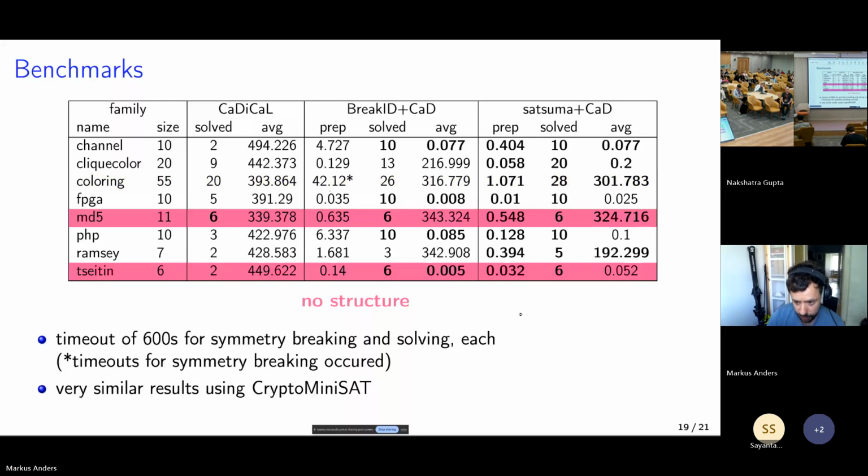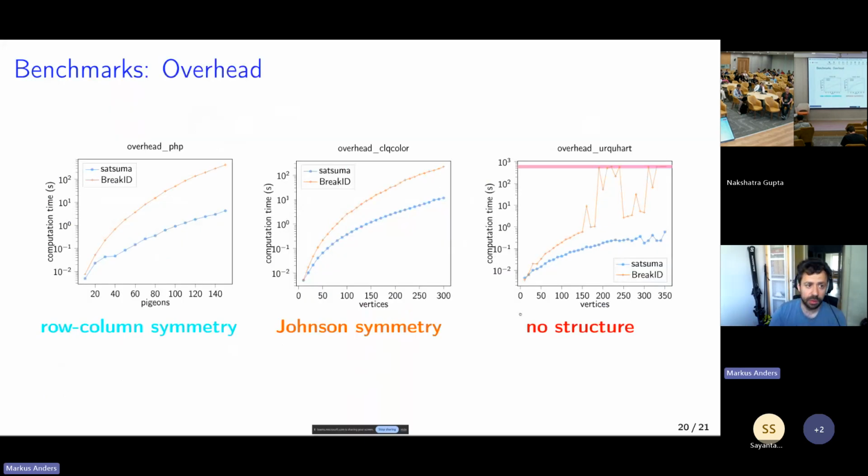Now, we've done some further testing on the computational overhead. This only shows the pre-processing time and not the SAT solving time, and this is sort of an ablation study. We've tested one family for row-column symmetry, one for Johnson symmetry, and one for no discernible structure.